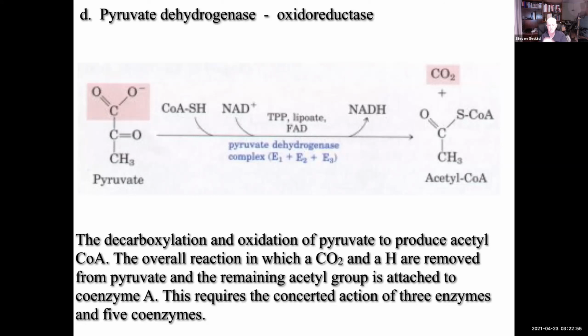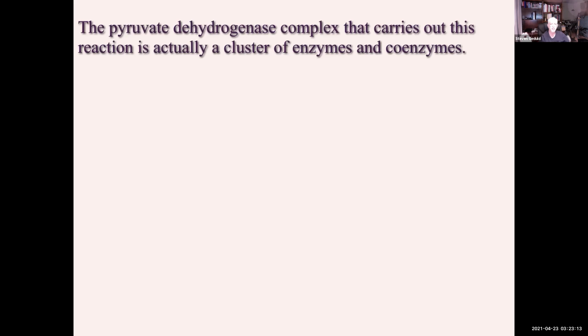This requires a concerted action of 3 enzymes and 5 coenzymes. So it's a very complex reaction to do. But it's a pyruvate dehydrogenase. You've lost hydrogen from pyruvate. So the pyruvate dehydrogenase complex that carries out this reaction is actually a cluster of enzymes and coenzymes.